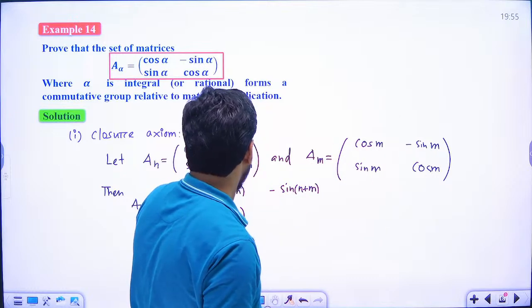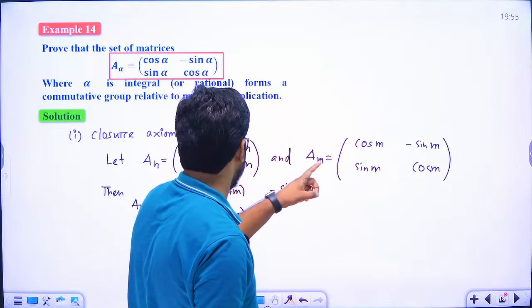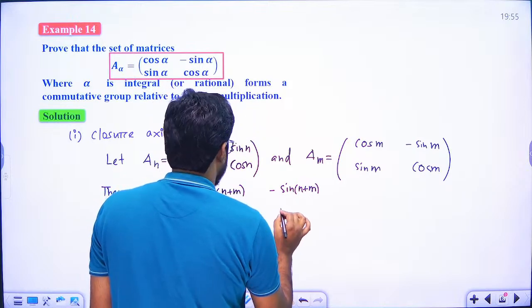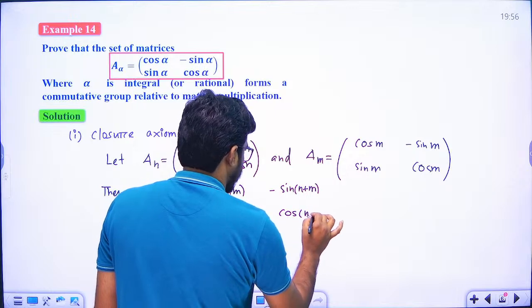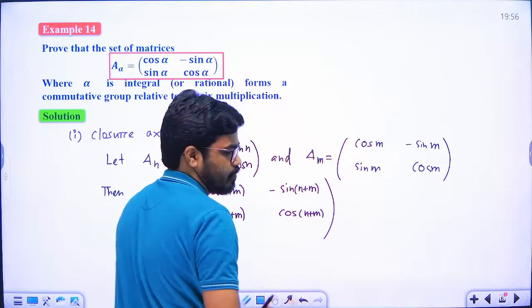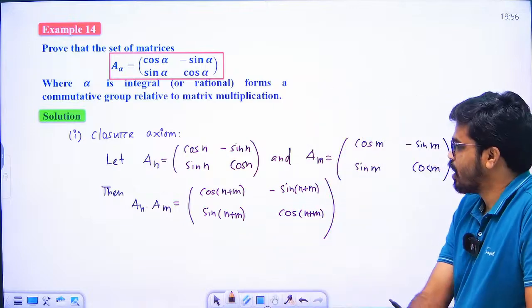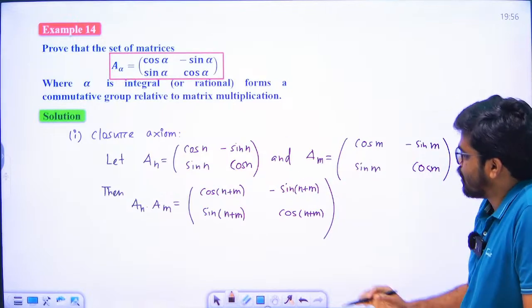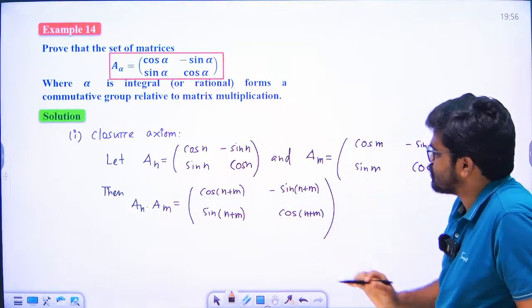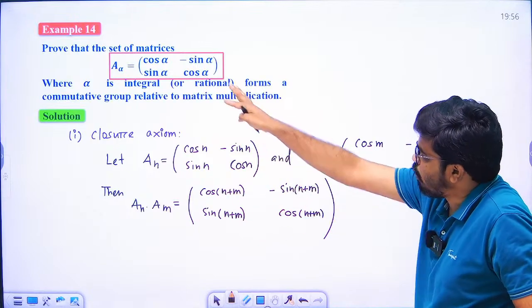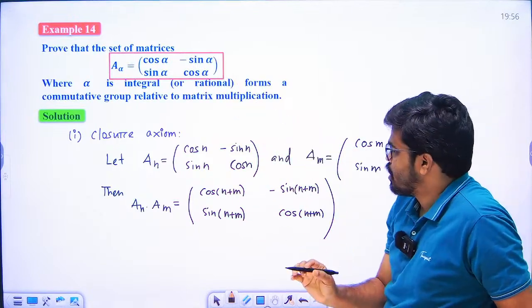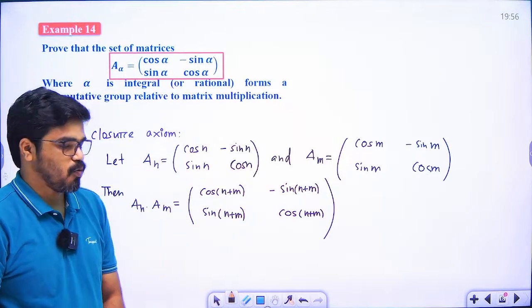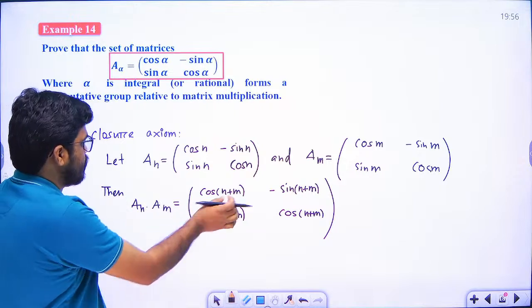So this will be cos(n plus m). Just multiply these two matrices and you get this. So this is of the form this. Okay, so we conclude that the closure property is satisfied. Okay, right?